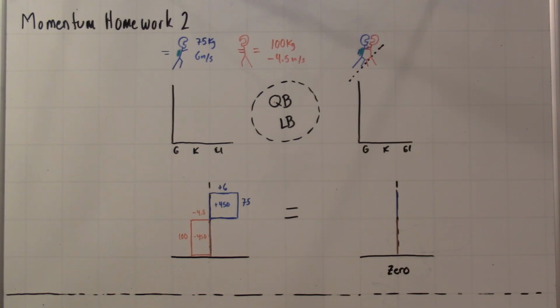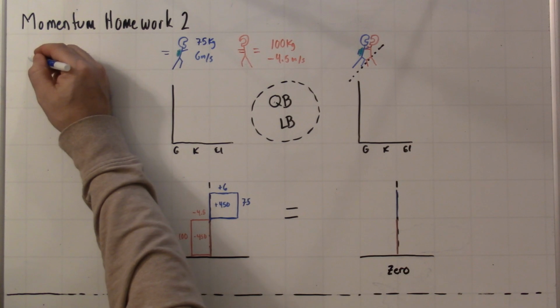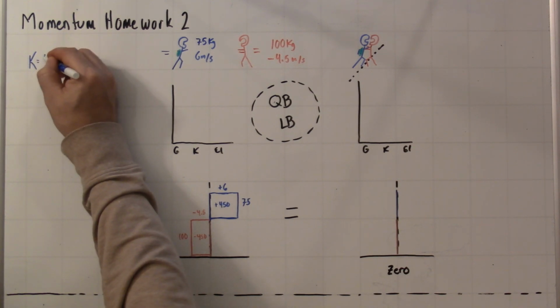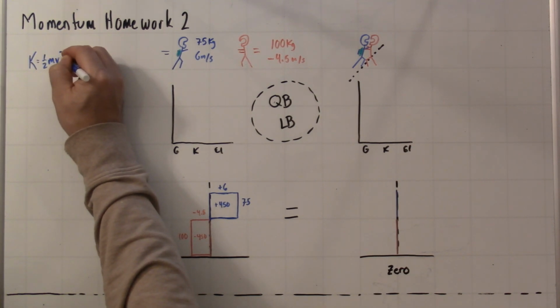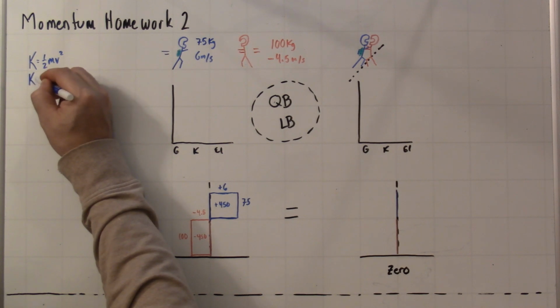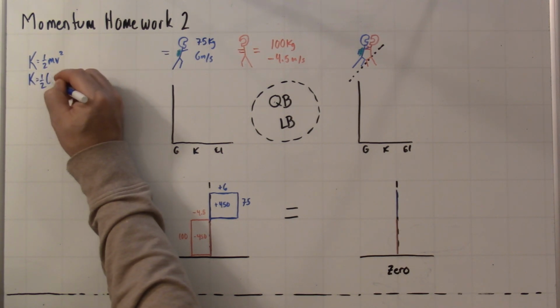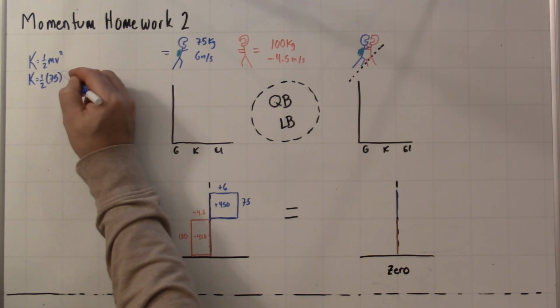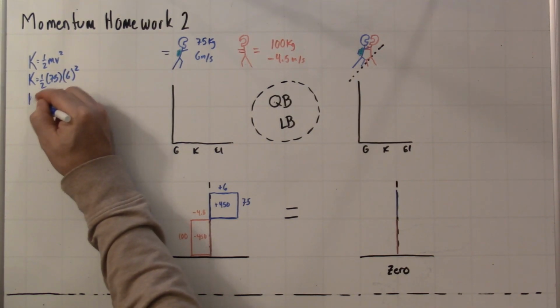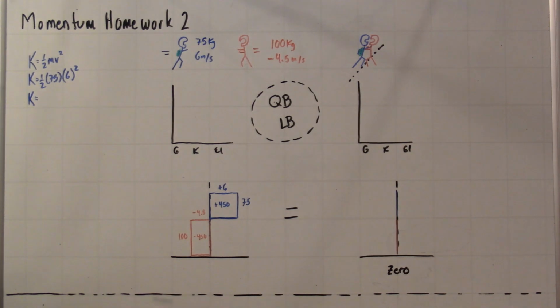That's an important idea. All right, so let's talk about what happened with the energies here. If I calculate the energy of this guy here, 1/2 mv squared: 1/2, his mass is 75, and his speed is 6 squared. So what is his kinetic energy?